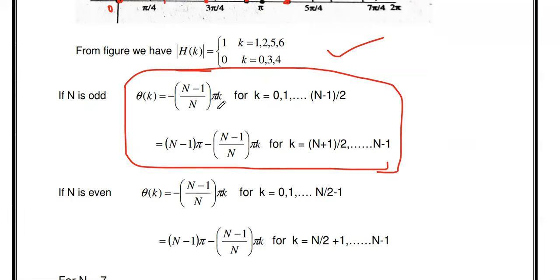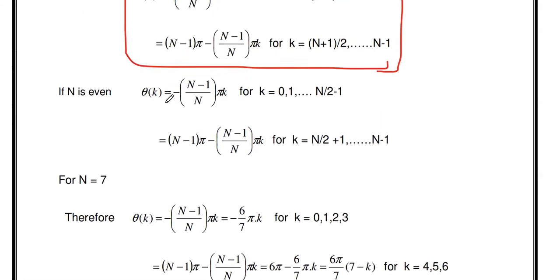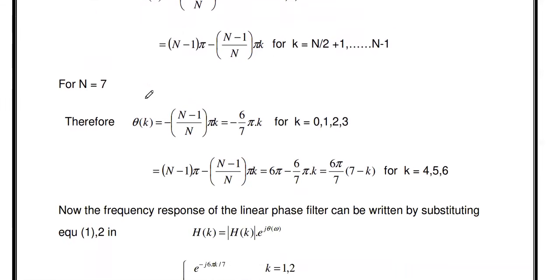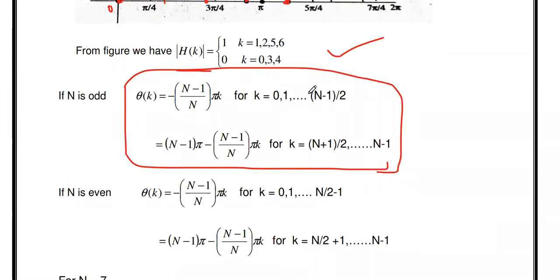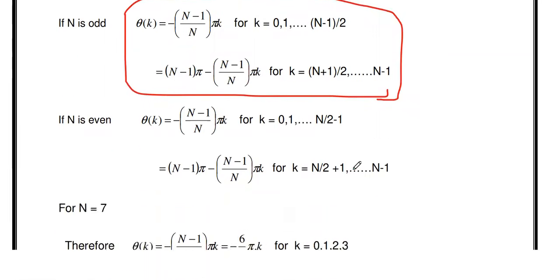In this, you just substitute the capital N value. So for N equal to 7, theta of k is equal to minus (N minus 1), so 7 minus 1, 6, so minus 6 by 7 pi k, for k from 0 to (N minus 1) by 2. So (7 minus 1) by 2 means 3.